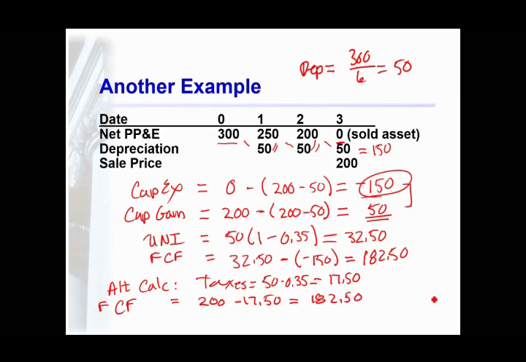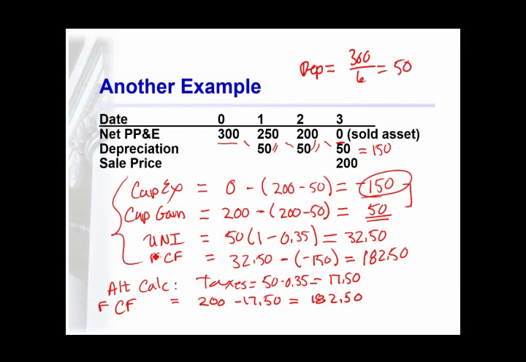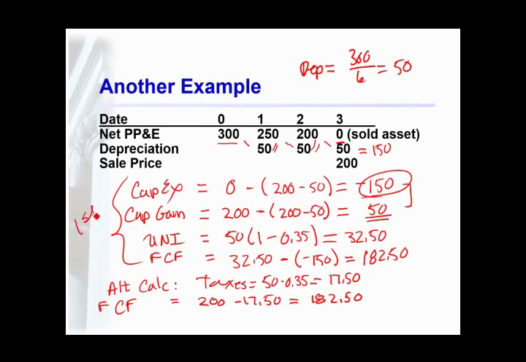Now this is a second way to calculate it, and it may make more intuitive sense. It's a great second check on your original calculation, but this is actually the calculation that gets registered on the books of the company, and this calculation will be consistent to all of the prior capital investments and all of the other cash flow calculations that we'll make over the life of a project. You actually want to calculate it this way, and then check it this way.